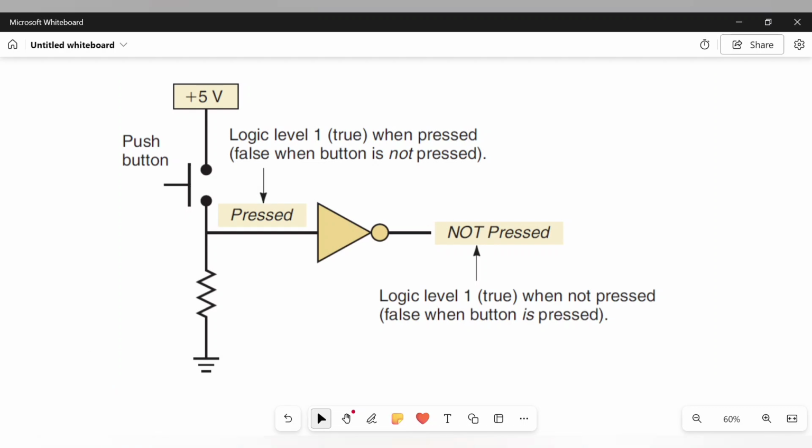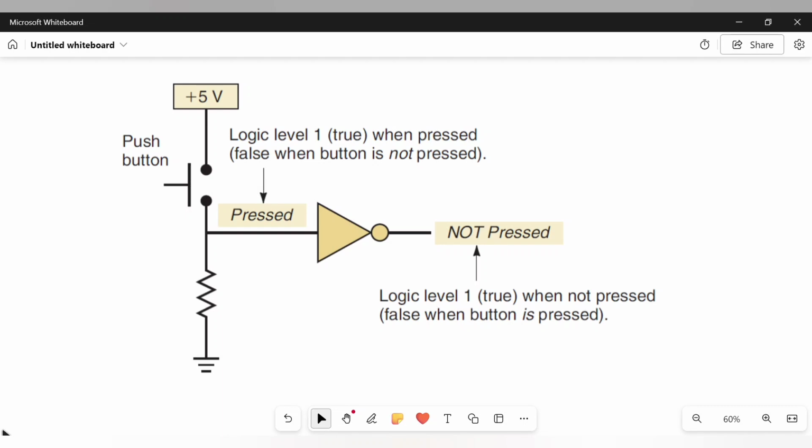The push button is used to produce a logic 1 when it is pressed. Sometimes we want to know if the push button is not being pressed, and so this circuit provides an expression that is true when the button is not pressed. Actually, this figure indicates the button is not pressed when its output is true.